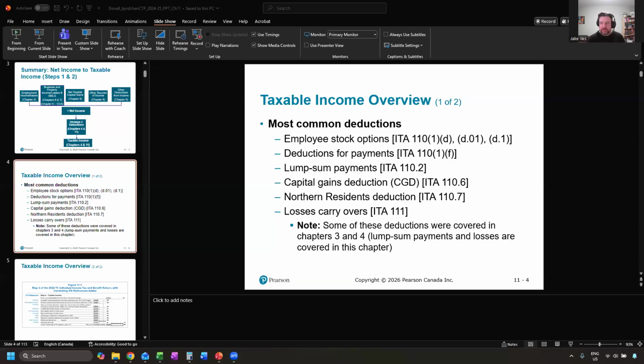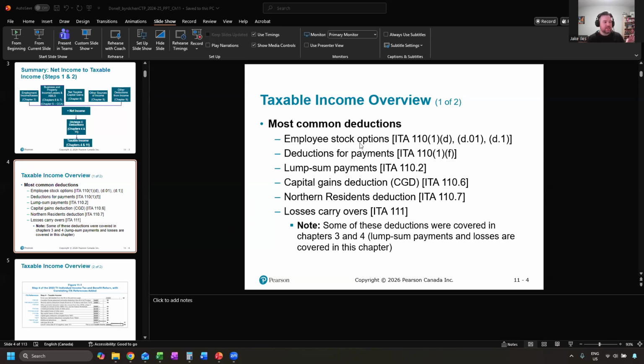Before we get back into it, I wanted to emphasize that these particular deductions that we're seeing are categorized as Division C deductions. Division B deductions are things that help us calculate our net income, things like moving expenses, childcare expenses, RSP deductions.